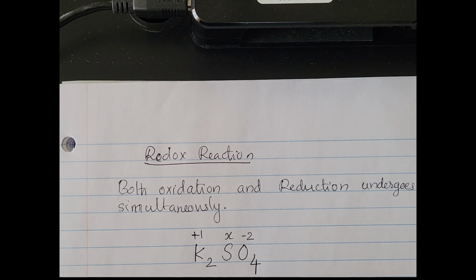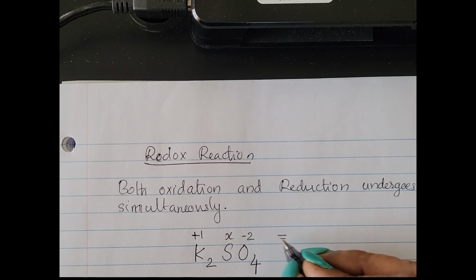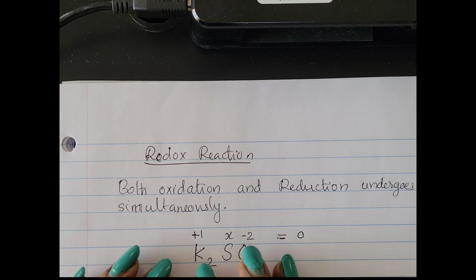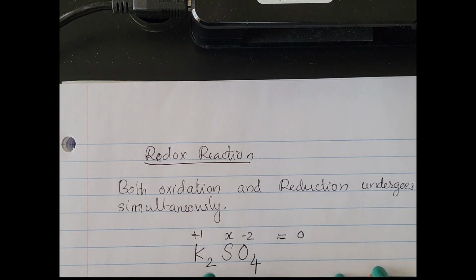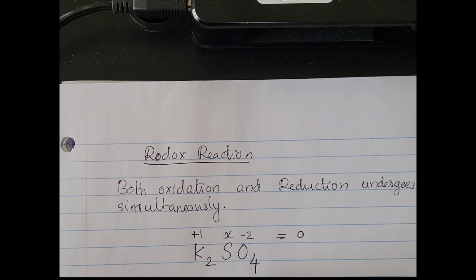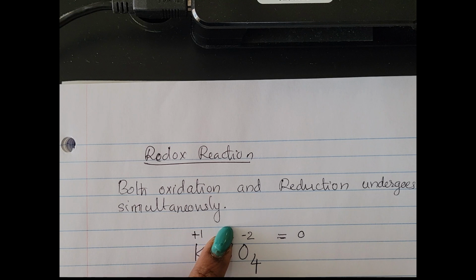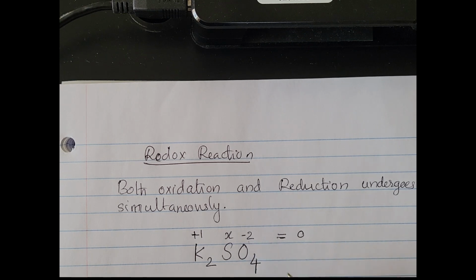Then one thing I know, the charge of a compound will be what? Anyone? 0. So I'm going to make an algebraic equation. 2 times 1 will be 2. And there is only one X, so that will be X plus minus 2, how many atoms? 4, so minus 8 equal to 0.